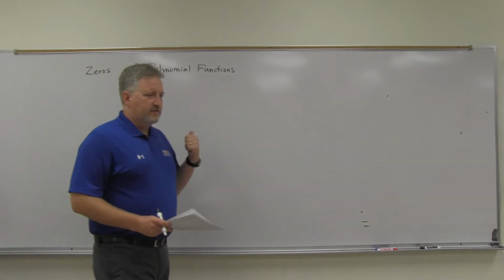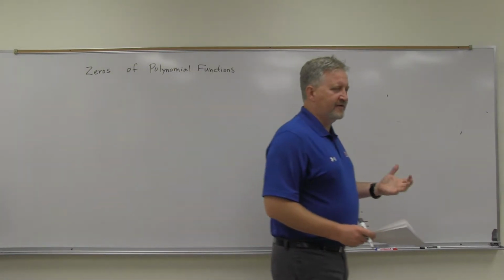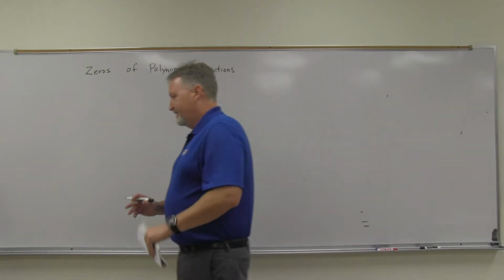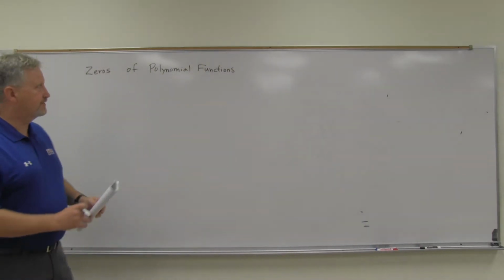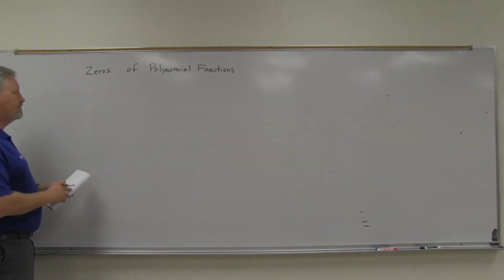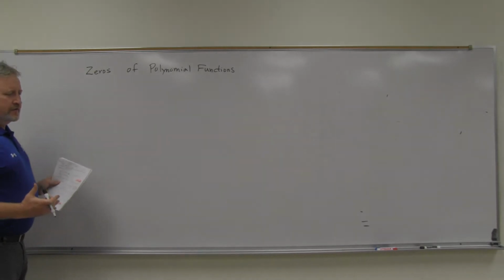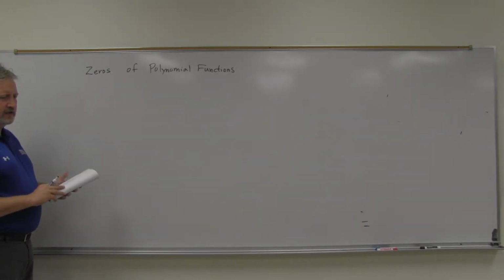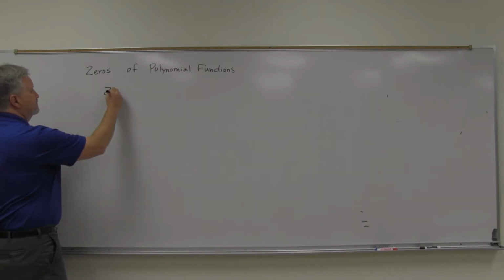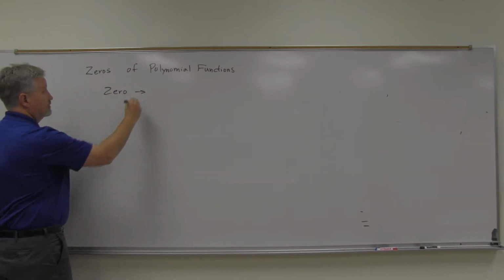We've talked about zeros before, and we're going to talk about them a little bit more here today and in the very near future. Just help me recall here, what do we mean by the zero of a function? Setting it equal to zero?